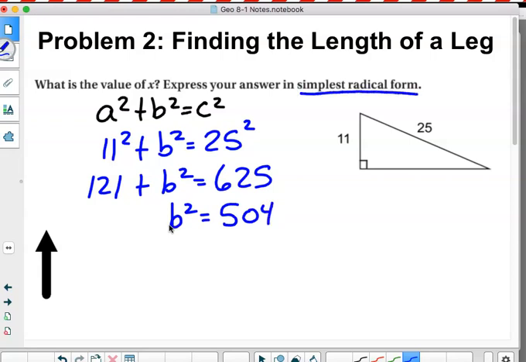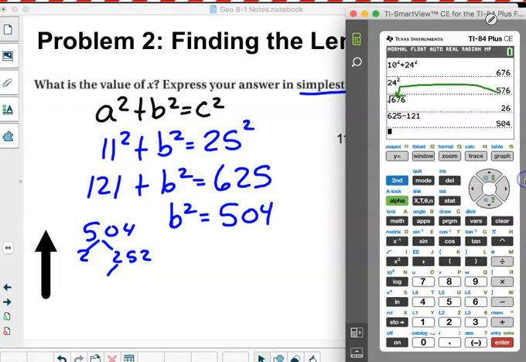Now, they want me to give simplest radical form, so I've got to reduce. Okay, 504, if I add all the digits, I can find out that it goes into 3, but since it's even, I'm going to check out a factor tree real quick. So 504 divided by 2 is going to be 252. Let's do this over here so you guys don't have to try to do that.